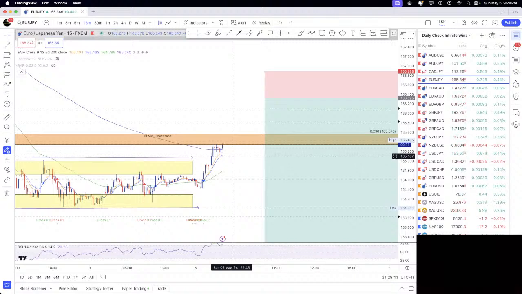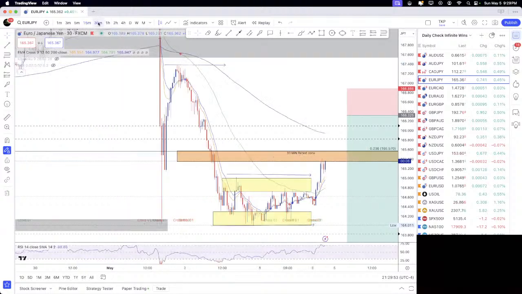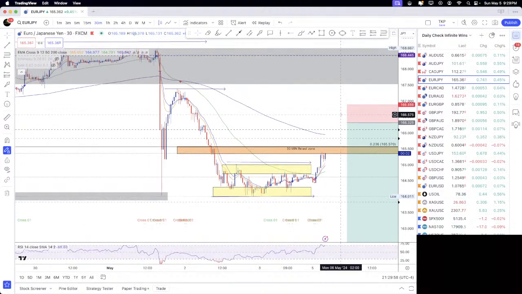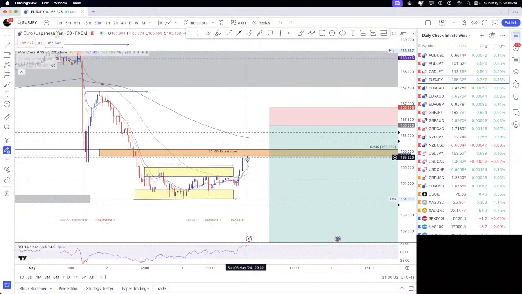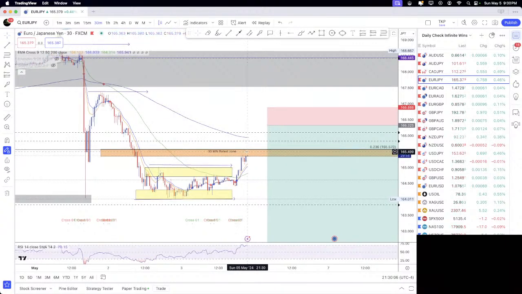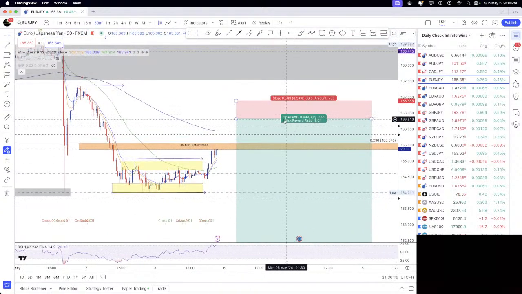We want to wait to see what happens once price retests those double tops that it created. Because if we get a close above, we can definitely take a continuation of this buy on Euro JPY. But if it rejects, we'll get a double top on the higher time frame, and we already got our target set for the sale as well.